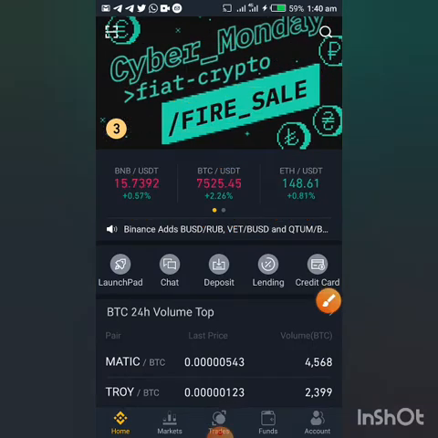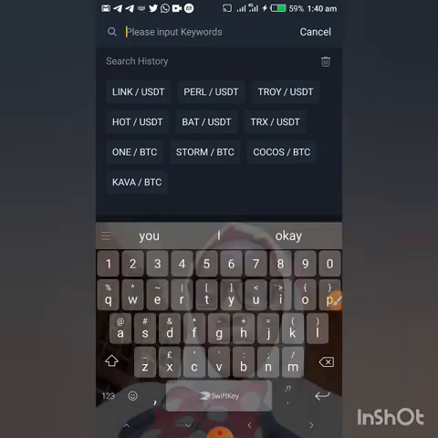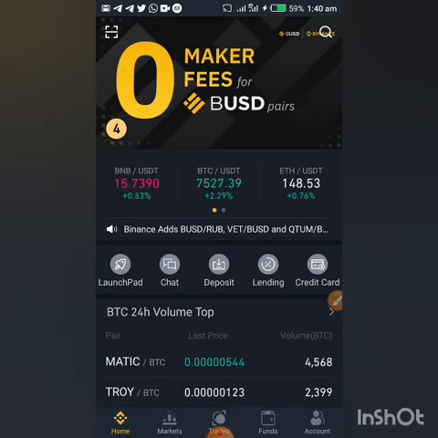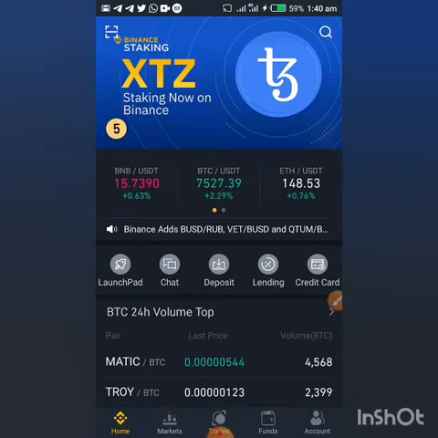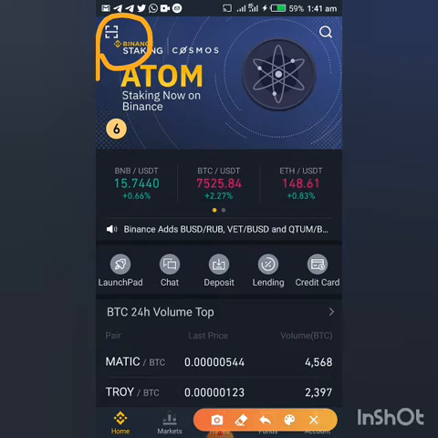Maybe we still want to search for some things. When you click on this search icon, whatever you want to search appears there. Maybe you want to search for a coin, it appears in that place. Then here, this icon that looks like a camera, is for maybe face recognition, maybe you want to do your KYC.